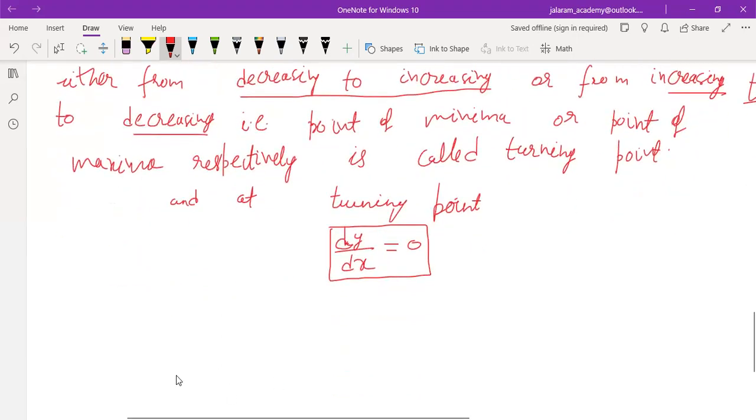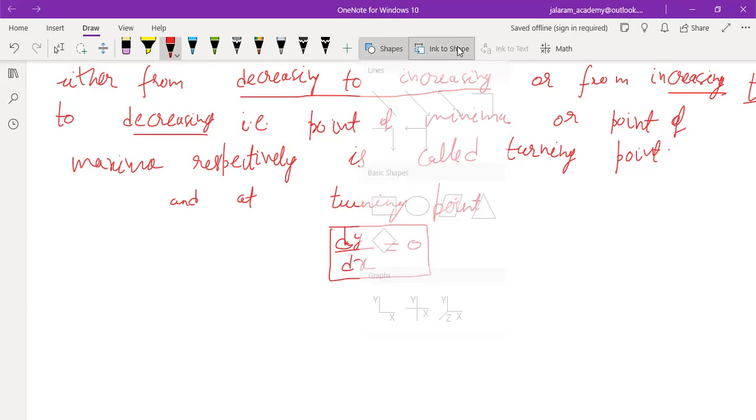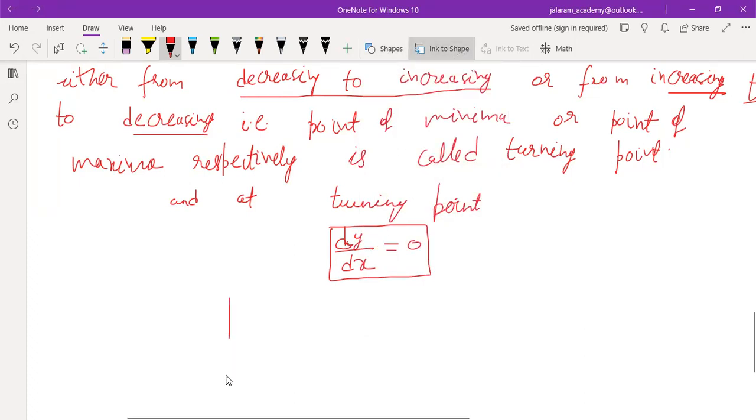So all those points at which the differentiation of a curve becomes 0 are called the turning point. Sometimes there may be 2 or more than 2 turning points also, 2 or more than 2 points of maxima and minima also. Is that clear to you?